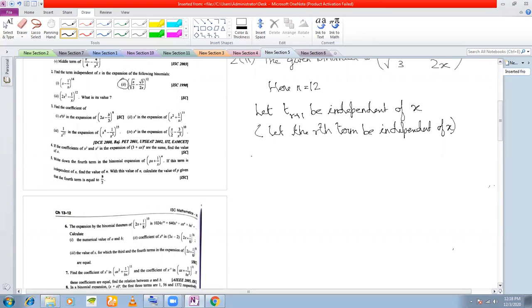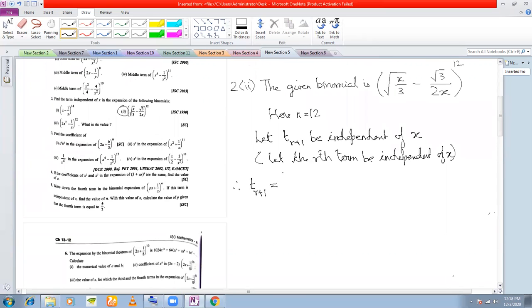So what is tr plus 1 in this case? Let's write the formula first. tr plus 1 is ncr a to the power of n minus r x to the power of r. Now we put the values. n here is 12. r we need to find out. a here is root x by 3, so root x by 3 to the power of 12 minus r, into x to the power of r.